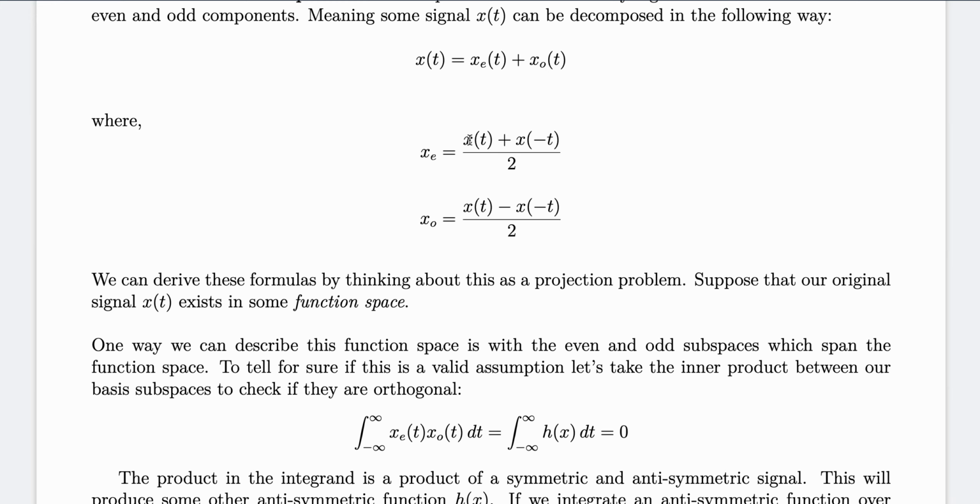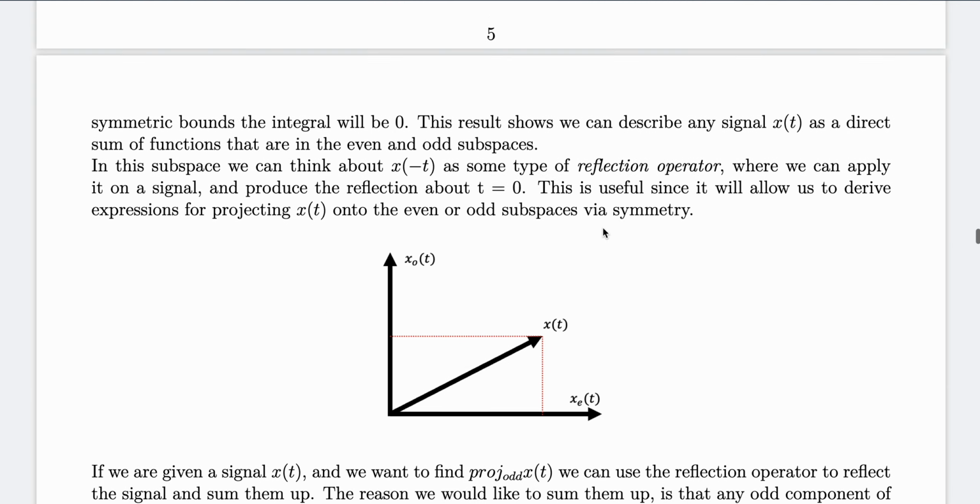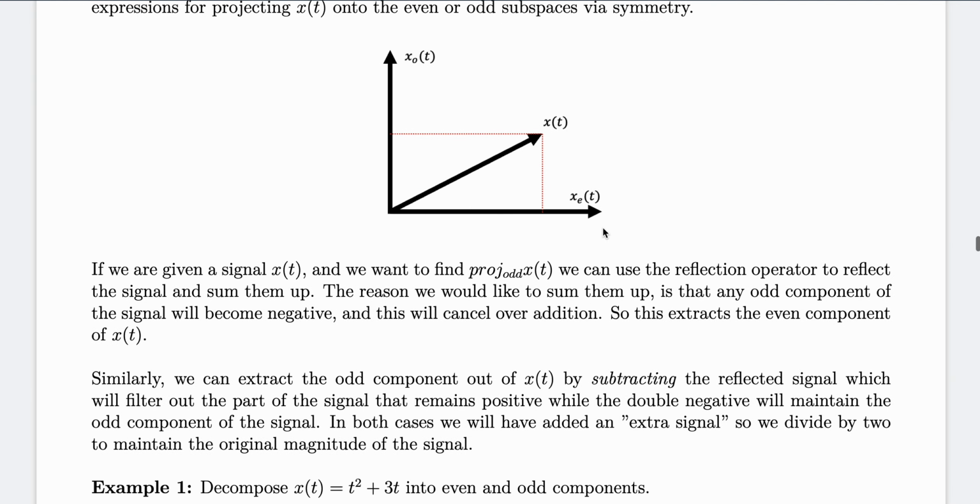So adding the signal to the reflected signal gives you the even components, and subtracting the reflected signal from the original signal gives you the odd components. And this dividing by 2 is again just for bookkeeping, to make sure that we're not modifying the amplitude of our signal.